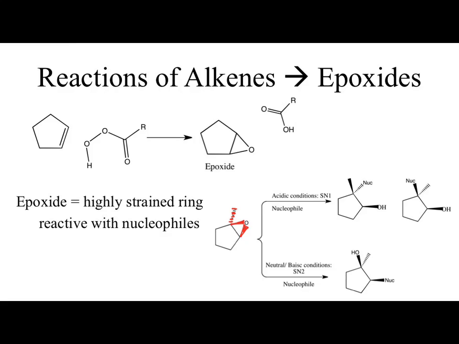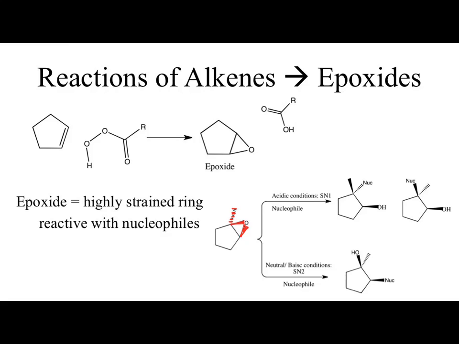If I'm under neutral or basic conditions, probably can't see that, but look at your slides. We'll run under what would be a pseudo SN2. Why SN2? Our nucleophile is going to come in from the back side, and it's going to come in such a way that we don't weaken the bonds of the epoxide.